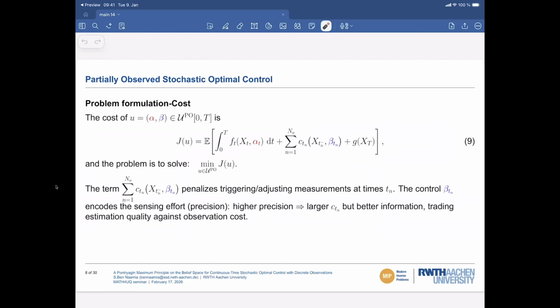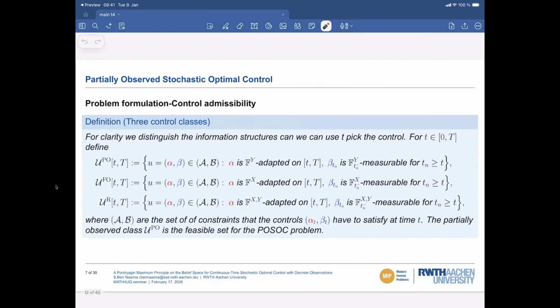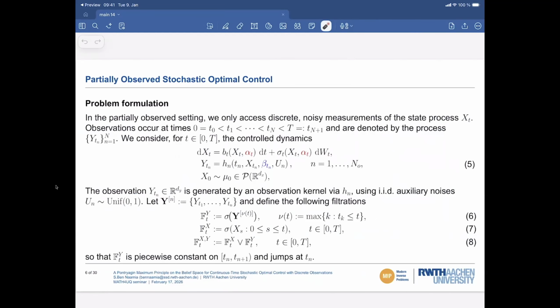One way to look at this beta is to think of it as a penalty term. Back here in the observation case, if you are going to get a very good observation of X, meaning that I reduce the level of noise for some reason, you would probably need to pay more cost for this.